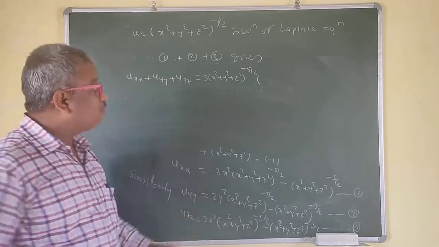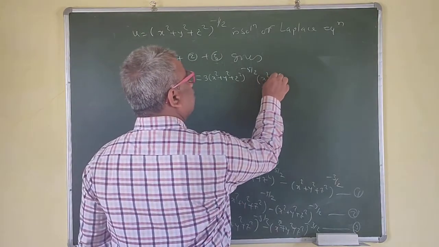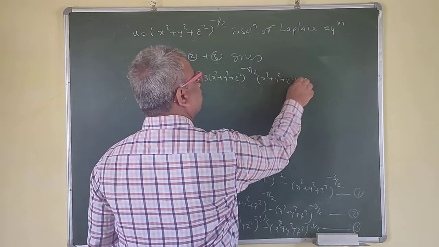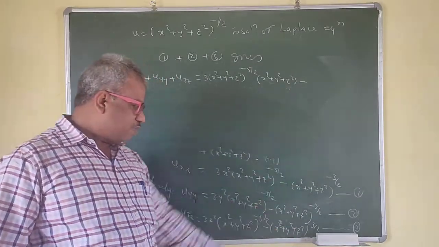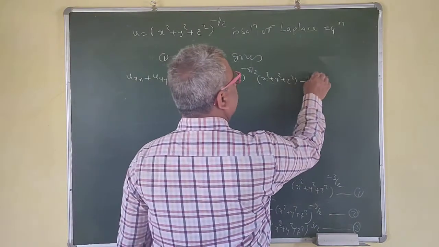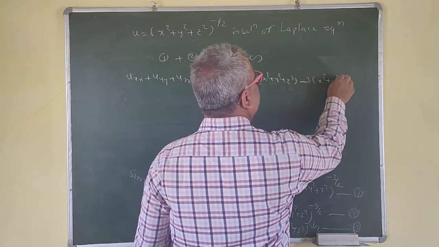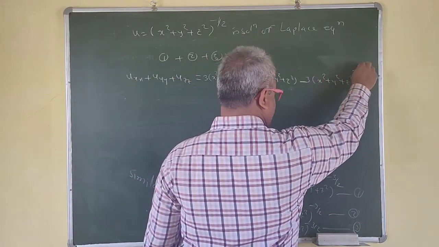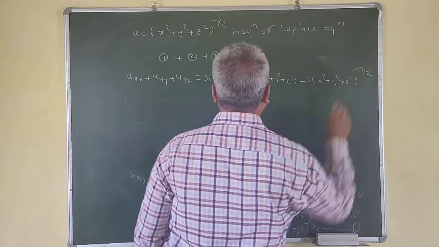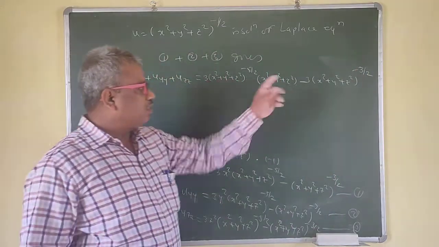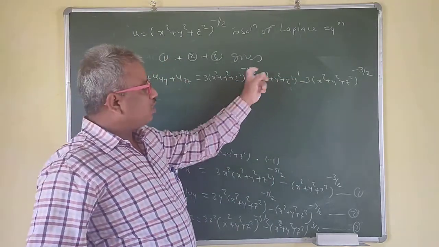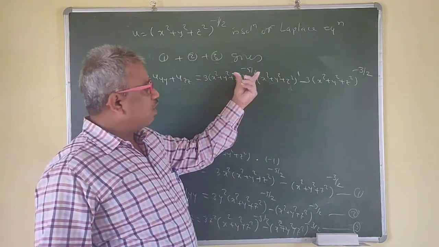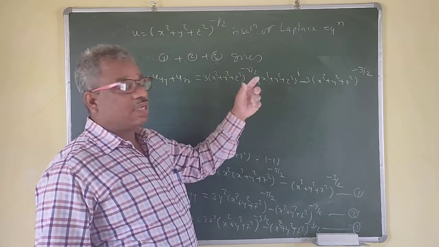Now what we get there? X square plus y square plus z square, x square plus y square plus z square minus. Now all the three terms are same now. So minus 3 (x square plus y square plus z square) to the power minus 3 by 2 now. Now see, what the base is here, power is 1 now here, right? The base is same. That means this is a product, right? So you have to take the sum of the indices.